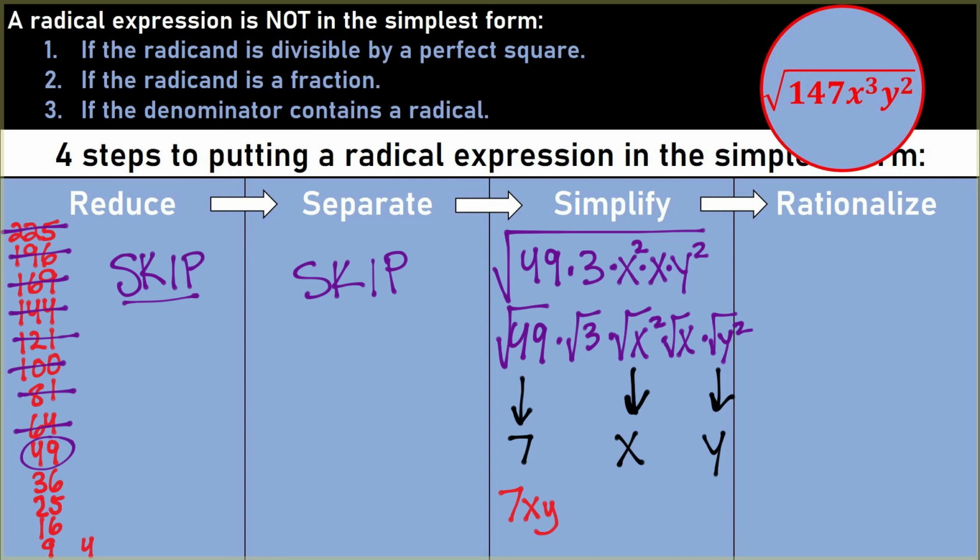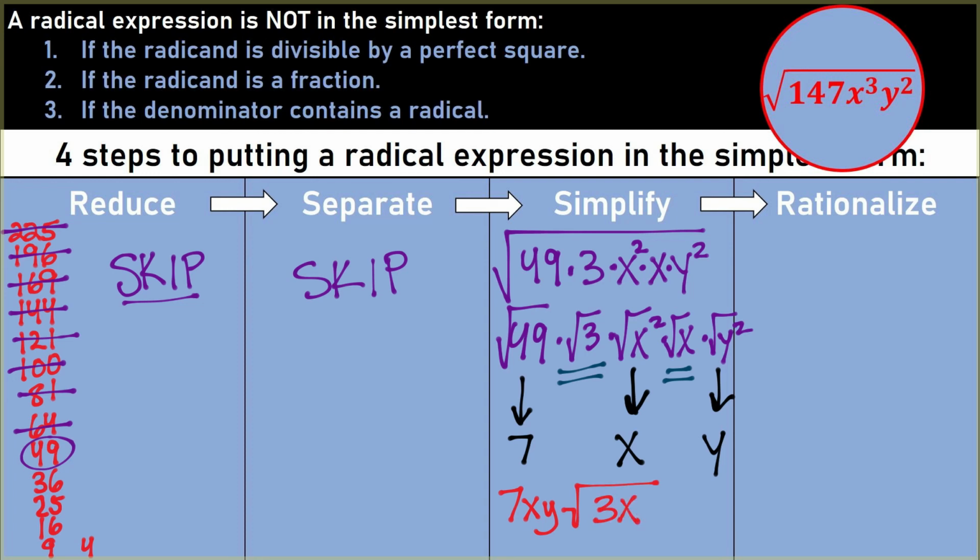Now, what about the other terms here? I have a root 3 and I have a root x. Those radicands are not perfect squares, and no perfect square number can go into them. So in the answer they just remain under the radical sign.